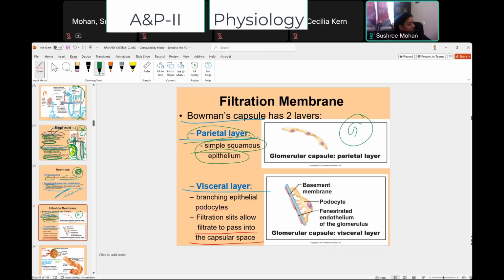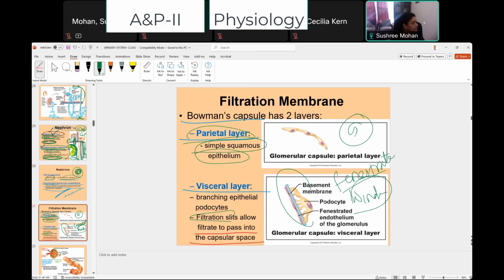These specialized cells have what is called a filtration slit. It's like a window. It is fenestrated. You read about fenestration in the respiratory system when we were dealing with alveoli. So this is also the same type, having filtration slits or fenestrations.